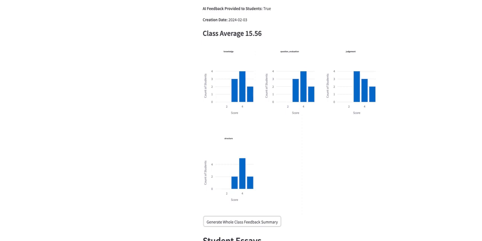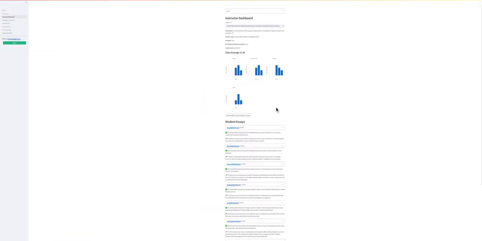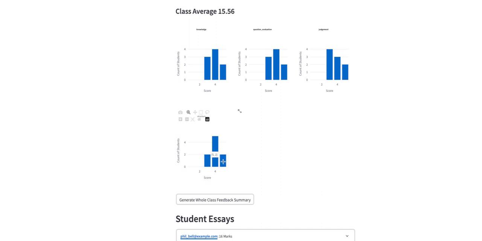I can also see a breakdown of the assessment objective levels for each of the different assessment objectives, and I can see that the students in my class, or this is obviously an example class, it's not real, but you can see that in terms of structure, the students are doing better. Whereas with judgment, my students appear to be not doing so well. There are quite a lot of students on level 3 on judgment, whereas on structure, students tend to be more likely to be level 4. So that could be helpful and inform my teaching.